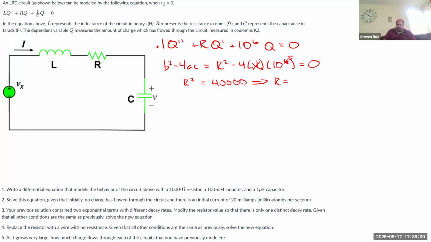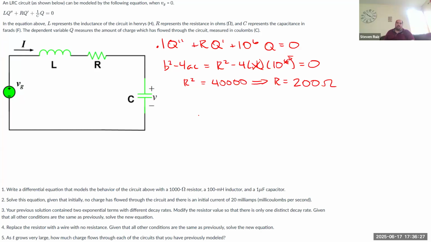Let's find that. Oh, comes out to be 200 ohms. So R equals 200 ohms. So that's our new resistor value.